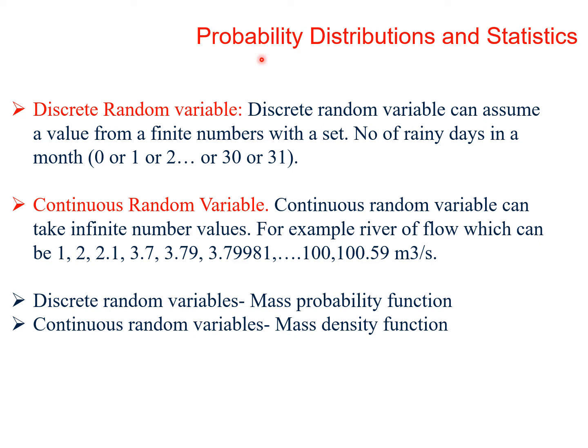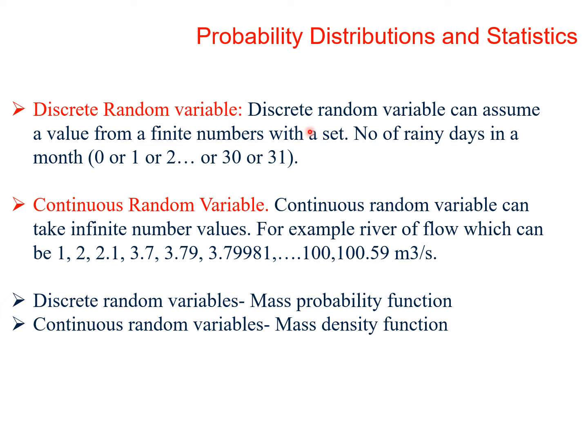Now, a discrete random variable can assume a value from a finite set. For example, number of rainy days in a month. It can be 0 days, it can be 1, it can be up to 31 days.